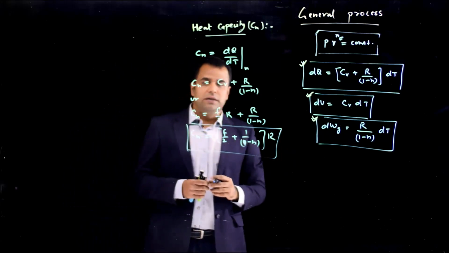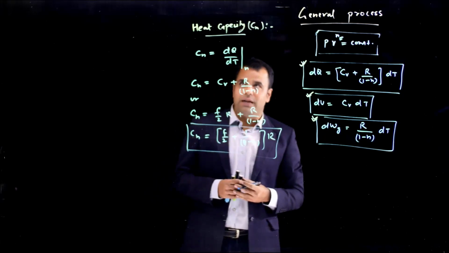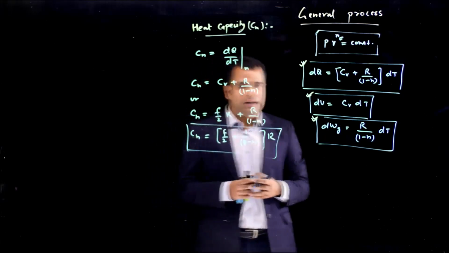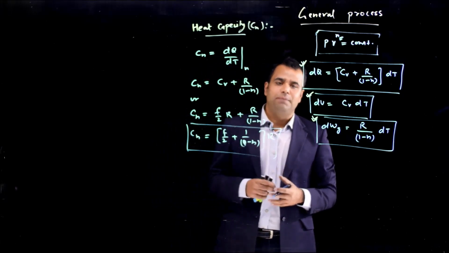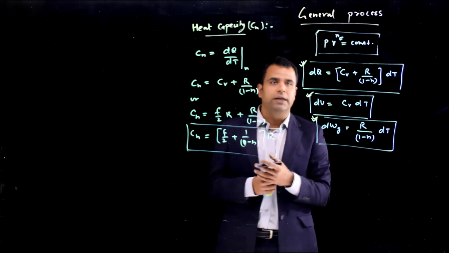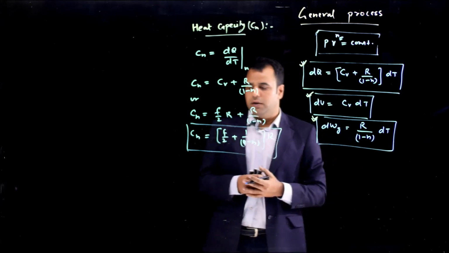So you see, this heat capacity formula for a general process is defined like that. Now, if you want to calculate the heat capacity for any process, you can directly calculate it by putting the value of n there.